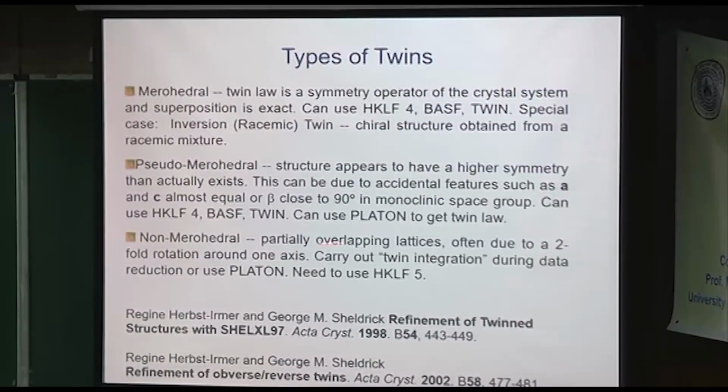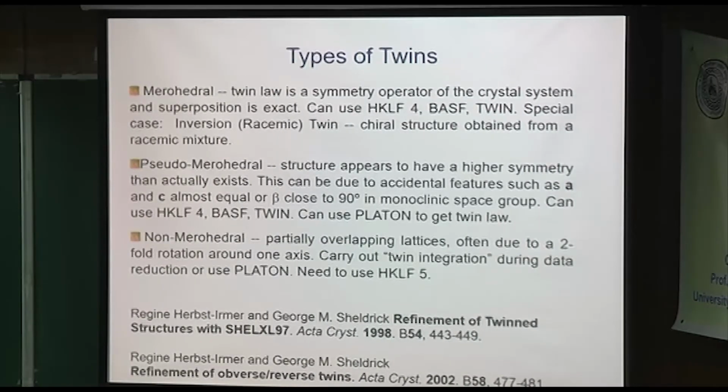Now, pseudomerohedral are lower symmetry space groups typically, but you still have some overlapping. That's why it's called pseudomerohedral. So you have to deal with reflections that are actually composite reflections coming from two different twins, and some that are not. And the way you spot that in the diffraction pattern is you have things that are too close together, knowing, say, your approximate cell dimensions.